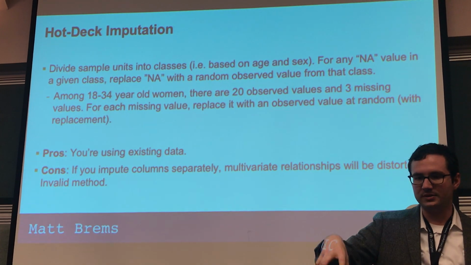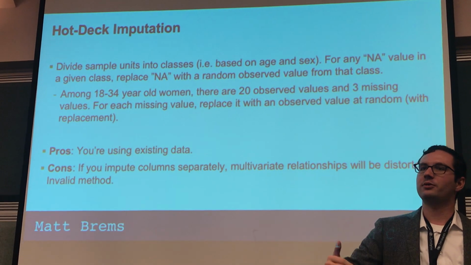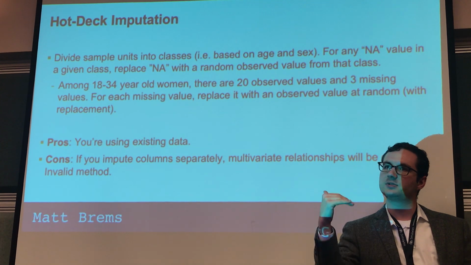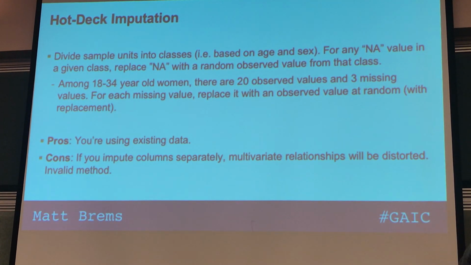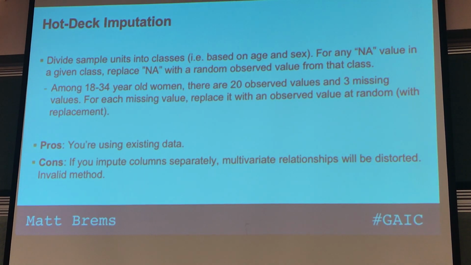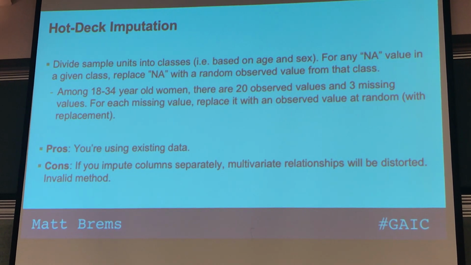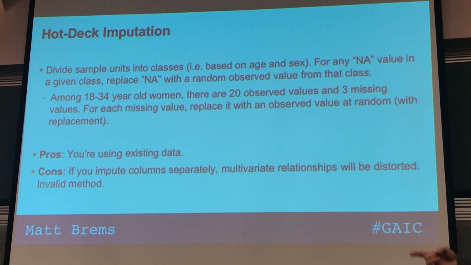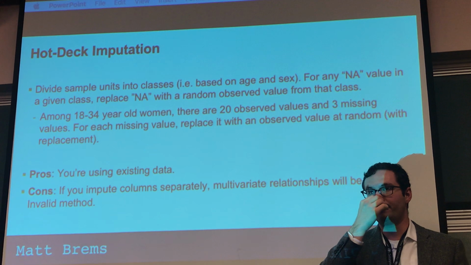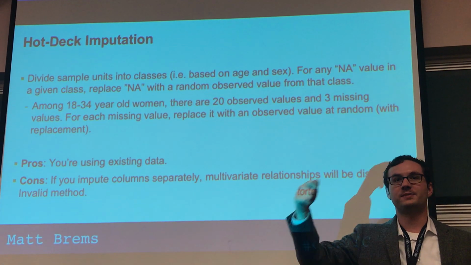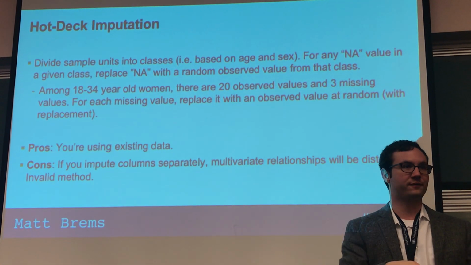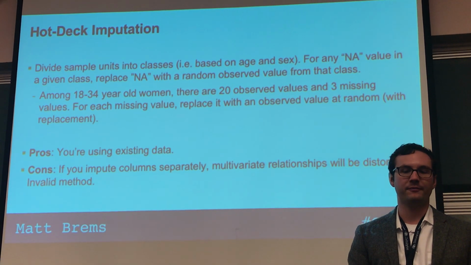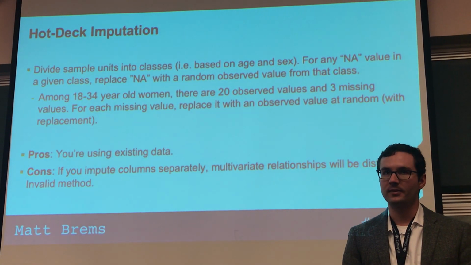In this case, I've got 23 observations. For 20 of those, I've seen income. For 3 of those, I have not seen income. The way I fill in those 3 missing values is I bootstrap those 20 observed values. I sample with replacement from that group of 20 observed values and just fill it in for my missing value.